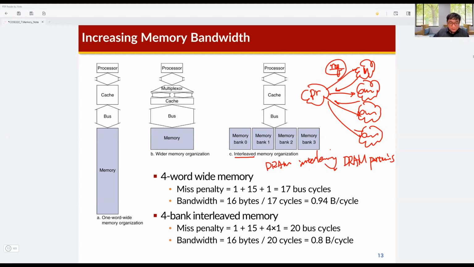So let's see these A, B, C cases. This is the processor, this is the memory like DRAM. The processor is very fast, and the DRAM bus is narrow. Narrow means that the number of pins connected to the processor is small.